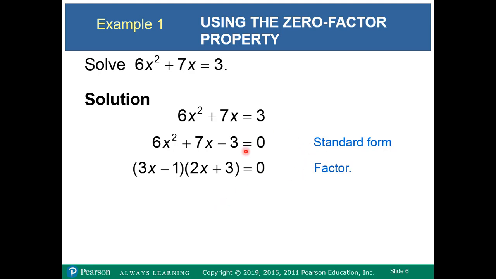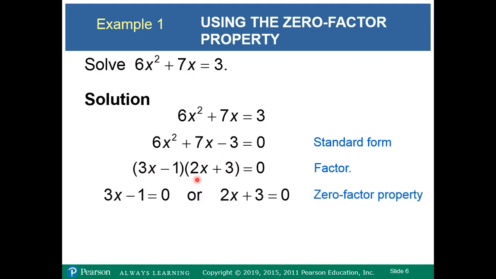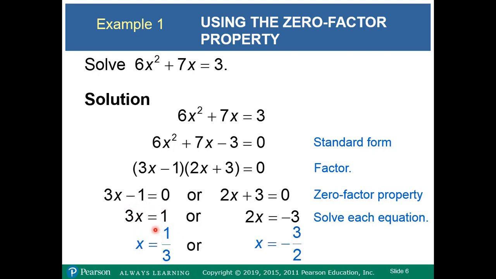Okay, so now, what does that mean? It means either this factor is equal to 0 or this factor is equal to 0. So either this is going to be equal to 0, so now we've got two equations that we want to solve for x, and we keep the or. If we solve these, just like we would solve any equation, we find that x equals 1/3 or x equals -3/2.